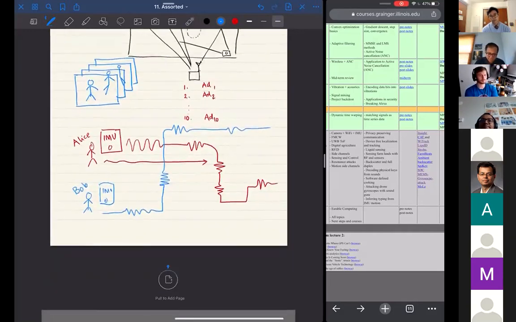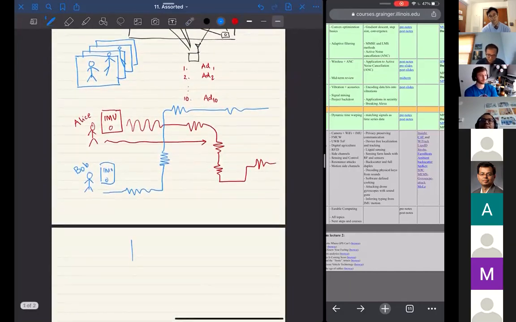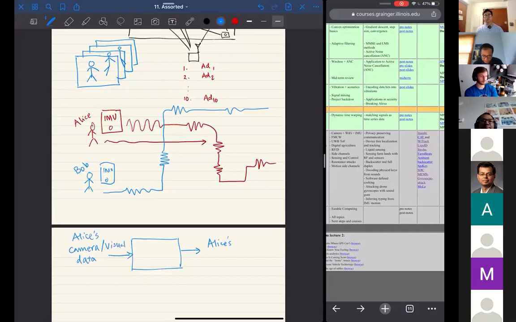So the point is, can we design an algorithm which takes Alice's camera/visual data and outputs Alice's expected IMU data?